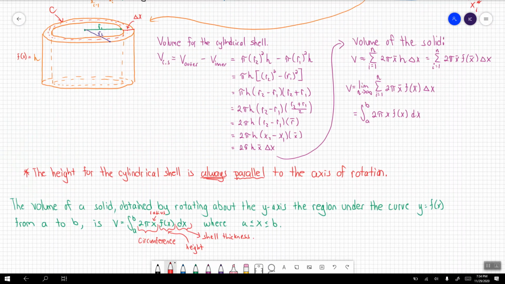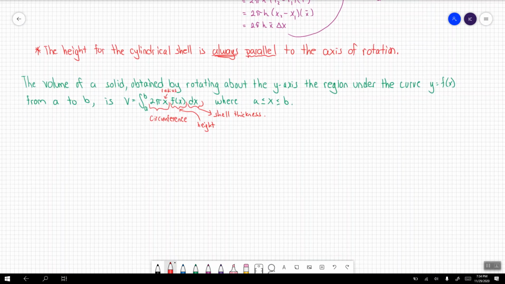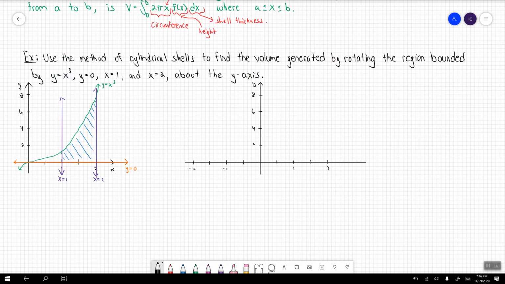So now that we have this set, let's try an example. The question says: use the method of cylindrical shells to find the volume generated by rotating the region bounded by y equals x cubed, y equals 0, x equals 1, and x equals 2 about the y-axis.